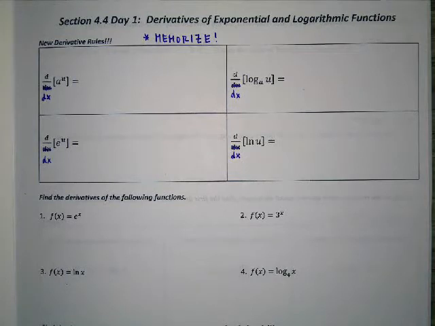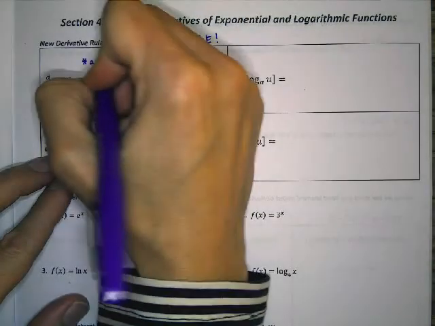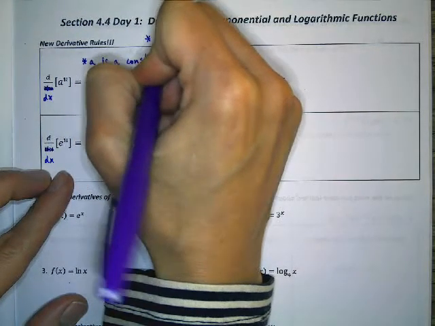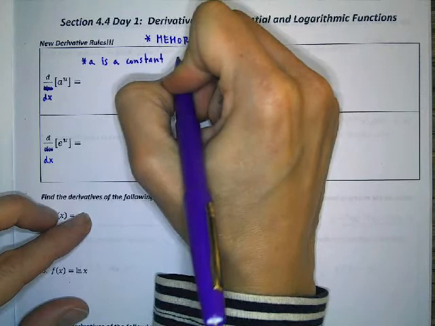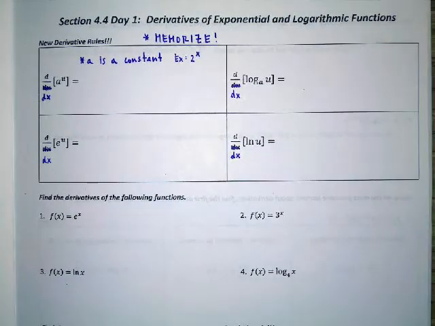Now the first one is the derivative with respect to x of a to the u. A note I want to make is that a is a constant. So we may have a function, for example, like 2 to the x.